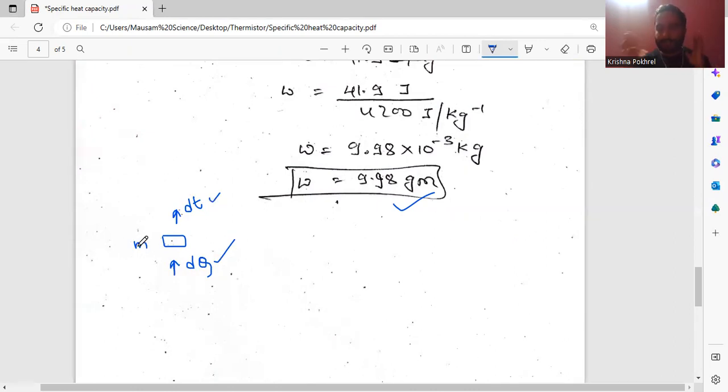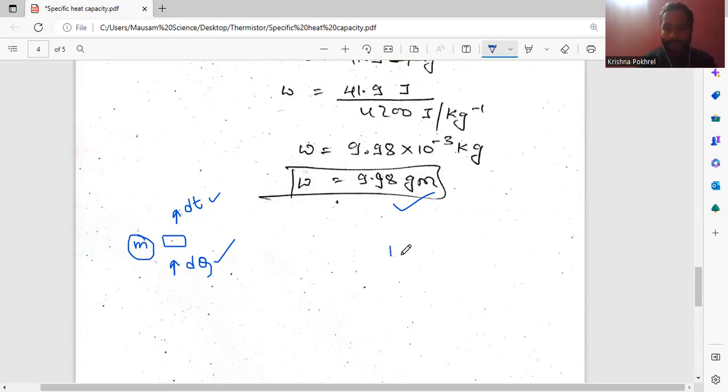Let dq be some joule and dT be some degree, 1 degree, 2 degree, whatever. So this is the mass of the substance. We are giving some heat, and the temperature is being raised by a certain degree Celsius.